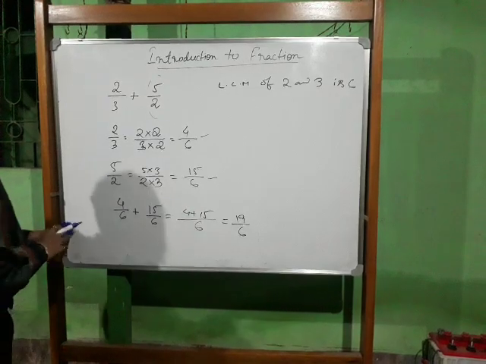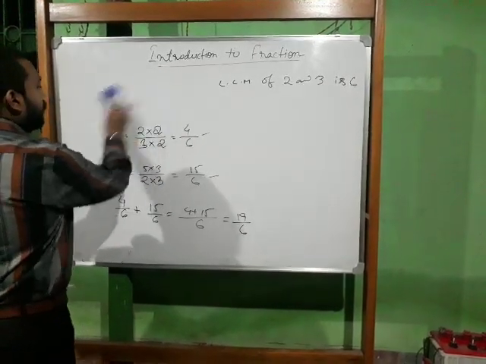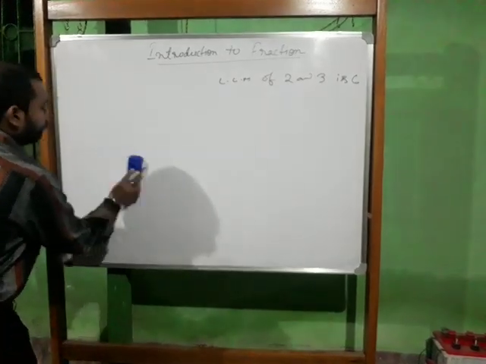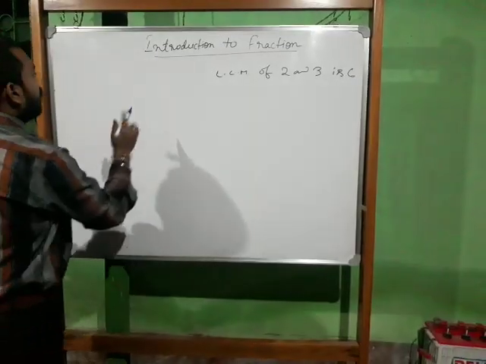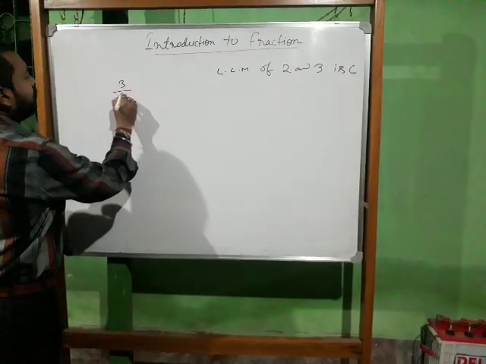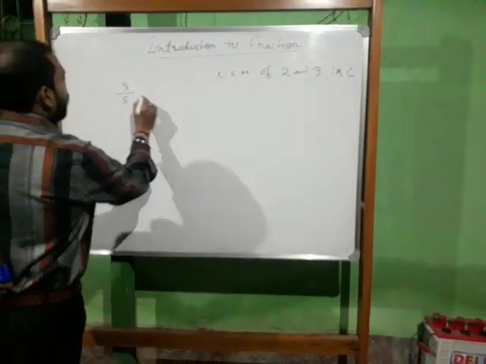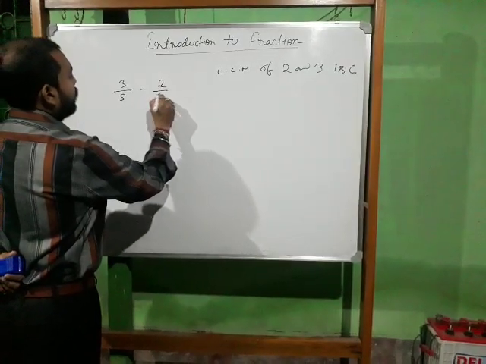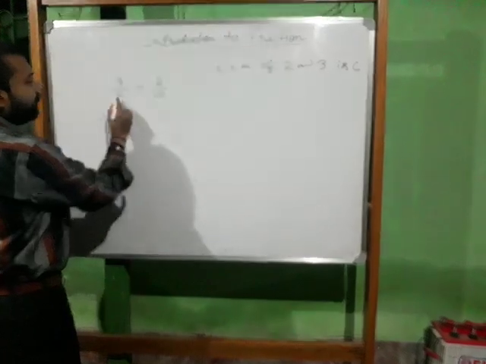Let us take one example for subtraction, so that it will be clear to you. Suppose I take 3 by 5, okay, minus, let us take 2 by 10. So what will we do, 5 and 10.